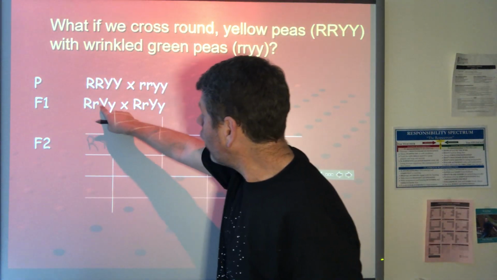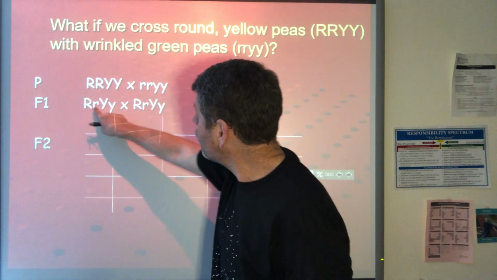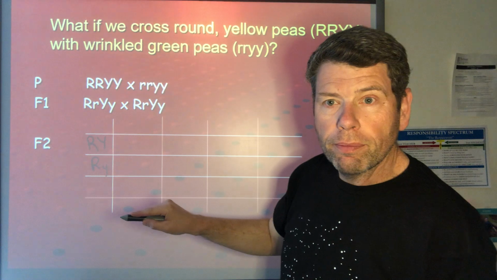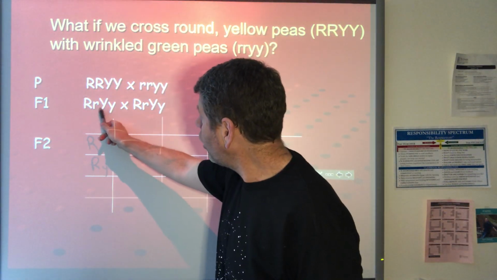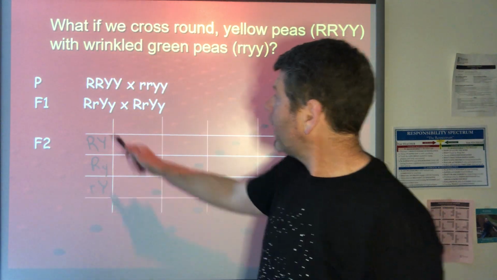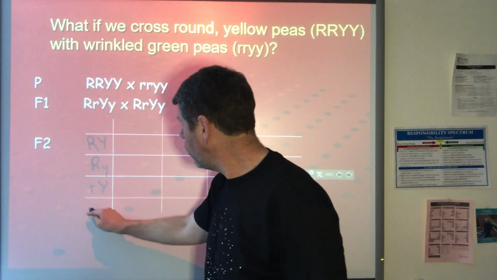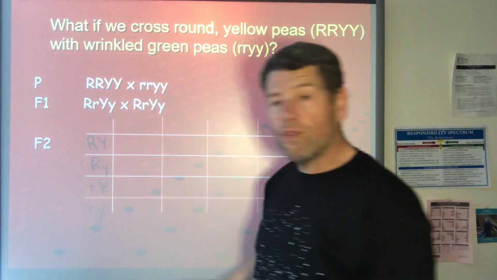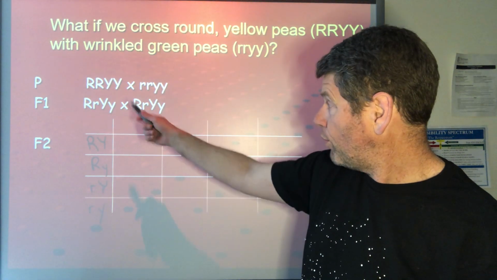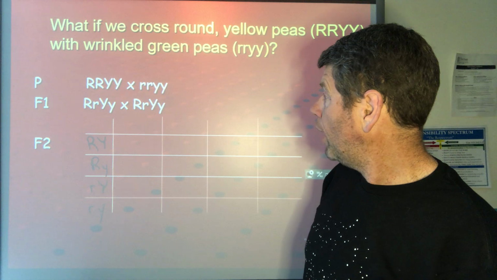So we can have this big R with this big Y, or we can have the big R and a little y. We could have a little r with a big Y. And lastly, we could get the little r with the little y. So there's 4 possibilities for different gametes for this plant.